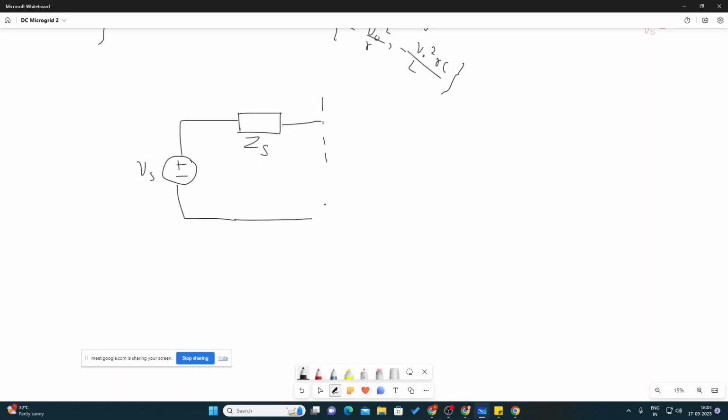We are considering the Thevenin equivalent of both source and load. Whatever it can be, we can represent it with a voltage source in series with an impedance.